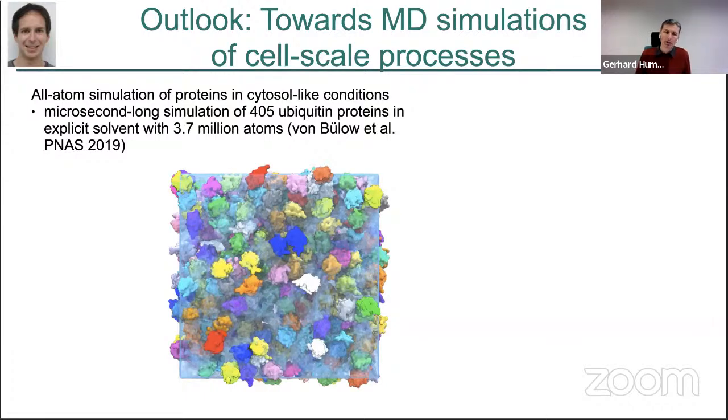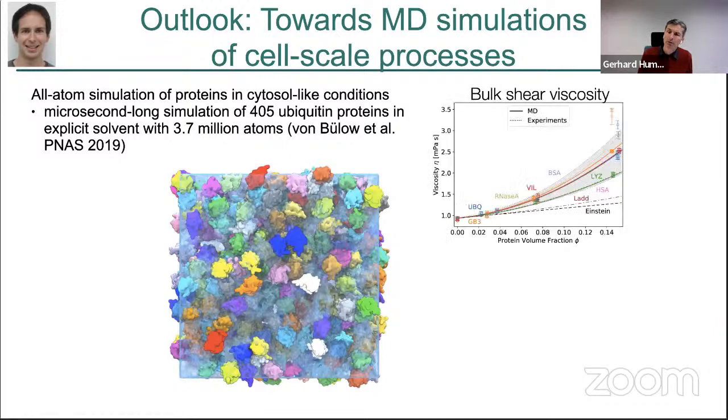This is a simulation done by Søren von Bülow, a PhD student who is now just about to graduate, of proteins at concentrations of about 200 milligrams per milliliter. These are all-atom simulations with hundreds of proteins.